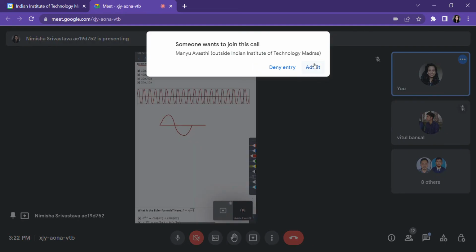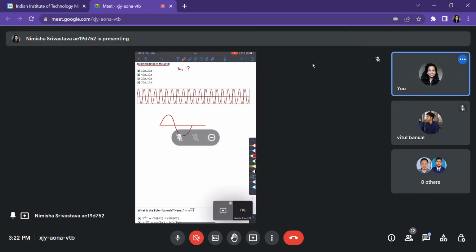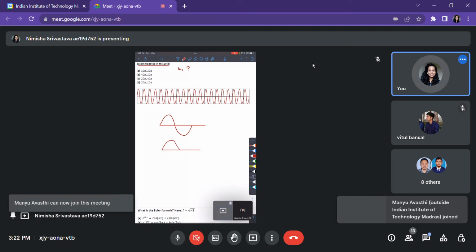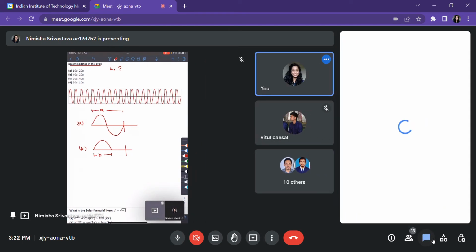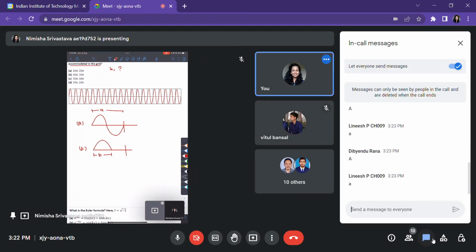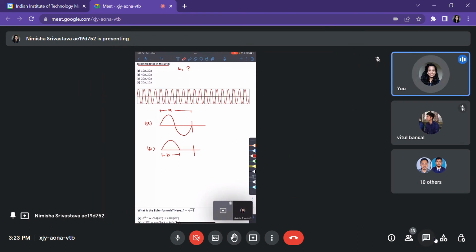So then answer in this term that from A and B, which length, A length or B length, which length is the wavelength? A is the wavelength, everyone is agreeing with that. Fine, so that's the correct answer. So A is the wavelength.